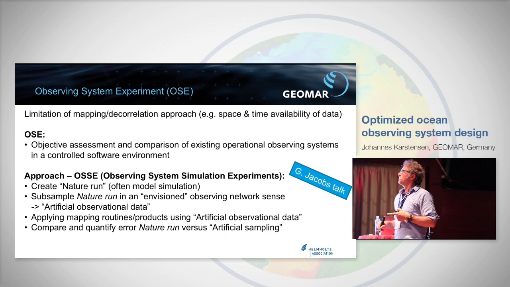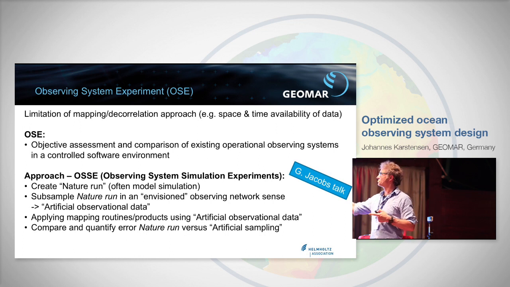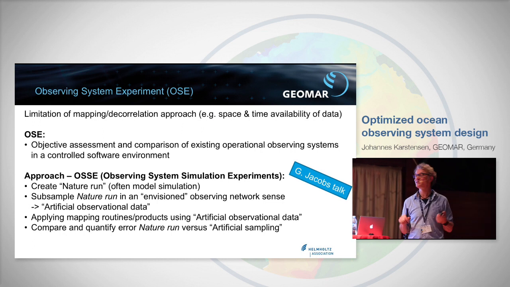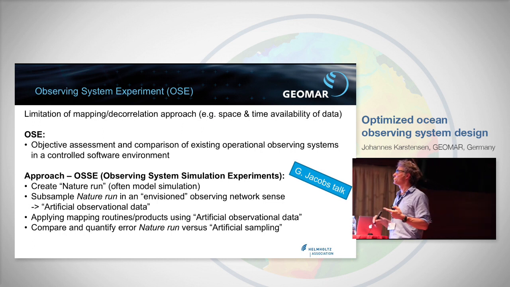There are, of course, limitations in the mapping decorrelation approach. If there is, for example, no data, how would you do mapping of decorrelation scales? That doesn't work, right?